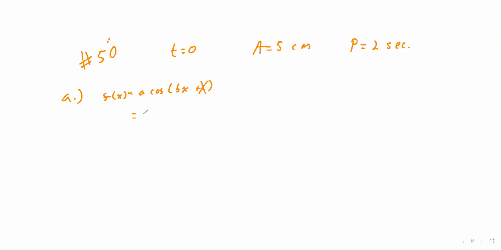So this will have your amplitude of 5 cosine. To calculate the b, we know the period is equal to 2 pi over b, and we know it's equal to 2. We did this math a while ago, but we'll do it again. So b times 2 is 2b divided by 2, and we get pi is equal to b. Then we can plug that in, and now we get pi x, and make that f of x, or however you want to write it.